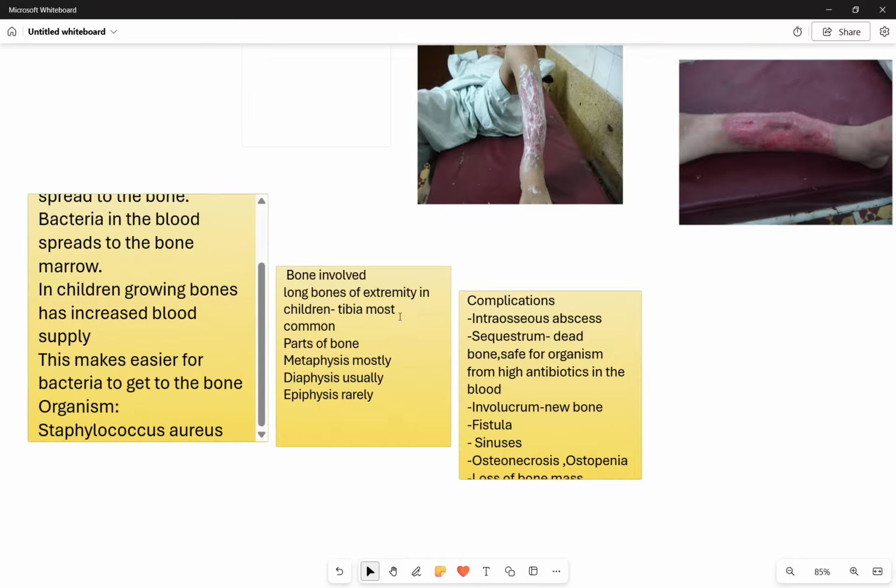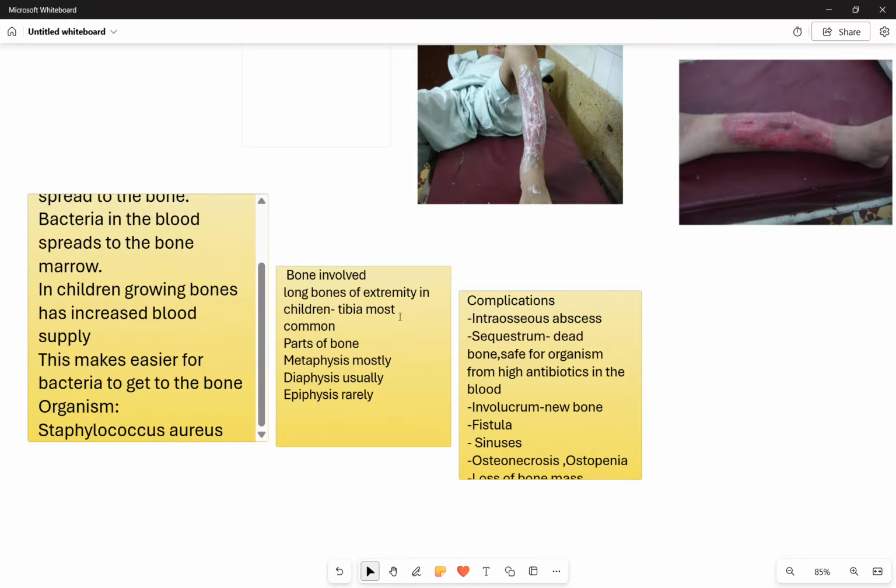So the common involvement is of the metaphysis and then the diaphysis. The epiphysis is very rarely involved. Fortunately, that's the part of the growing bone.